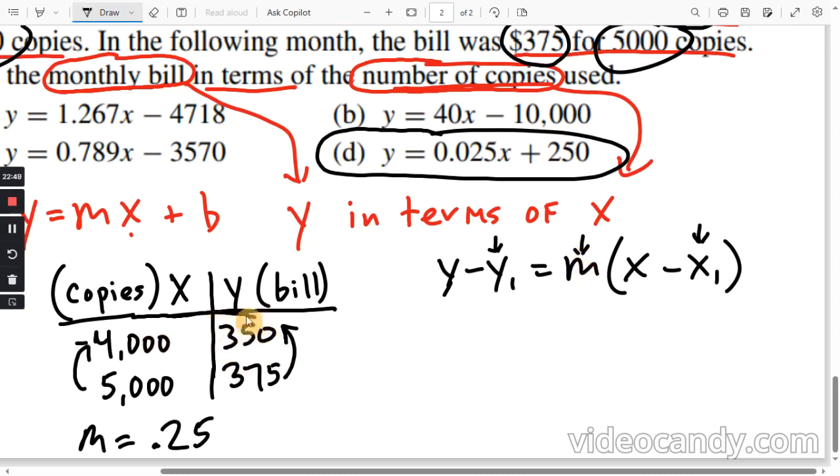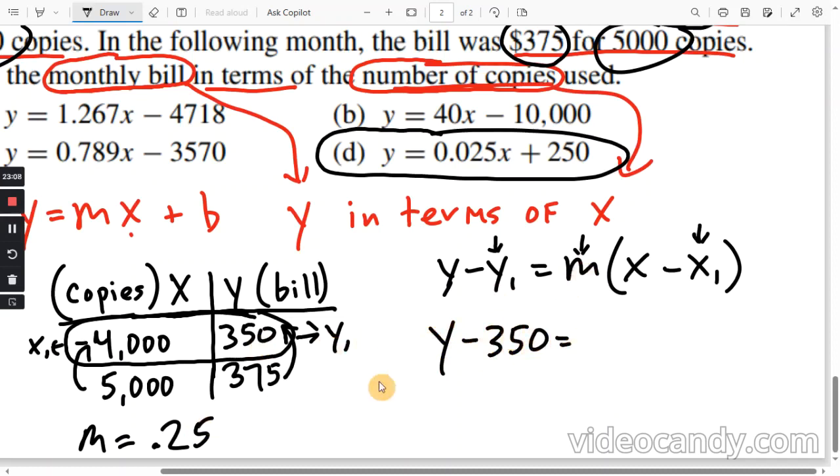Like this y goes with this x. So this is going to be my y1, and the 4,000 is going to be my x1. So it's going to be y minus y1, which is 350, and that equals m, which is 0.25, times x minus x1, which is 4,000.